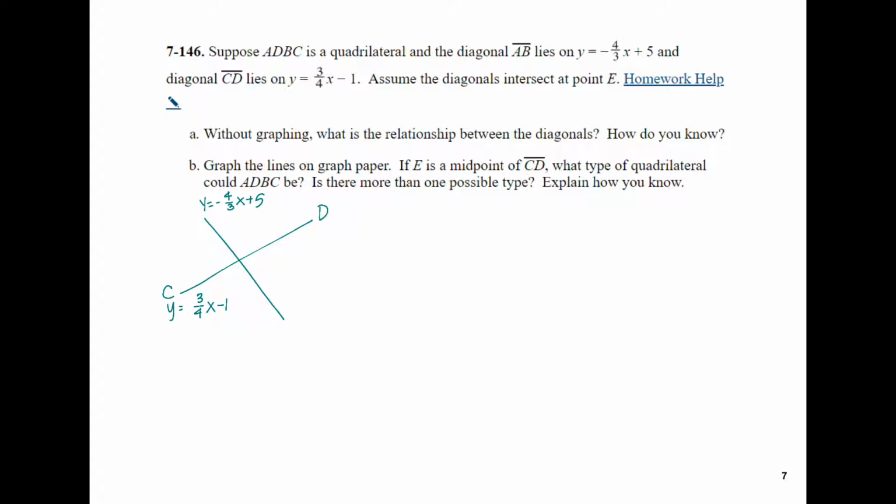Assume that the diagonals intersect at point E. Without graphing, what is the relationship between the diagonals?